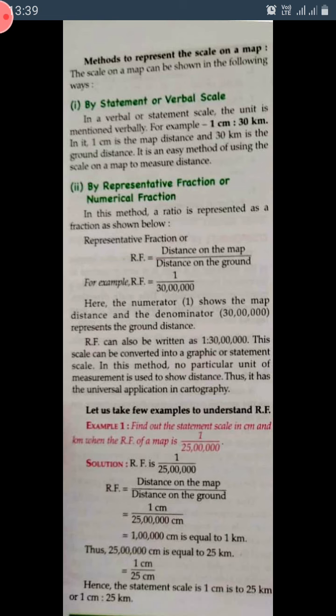For example, if the RF is 1:50,000, it would mean that 1 centimeter on the map represents 50,000 centimeter on the ground. So RF is equal to distance on the map by distance on the ground. This scale can be converted into any unit. Therefore, in map reading, it is universally accepted. It is more accurate as compared to verbal scale.